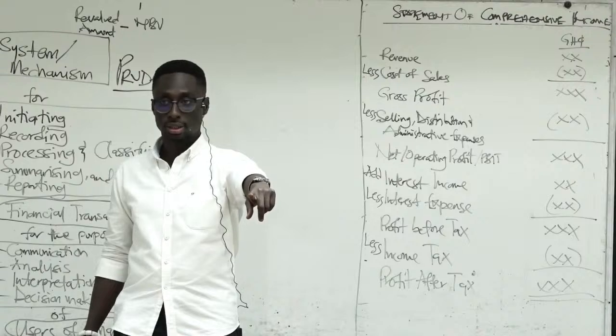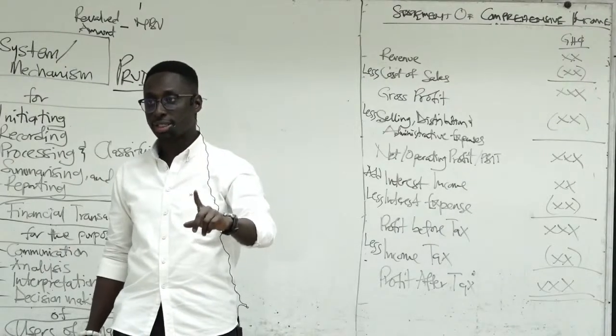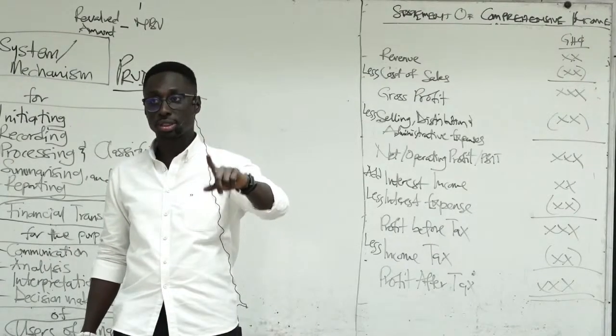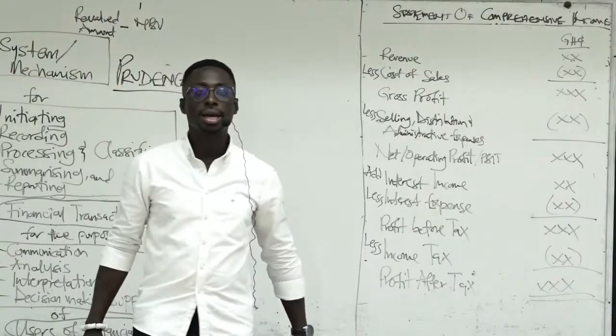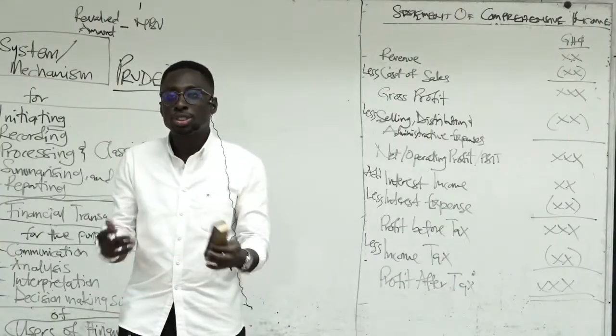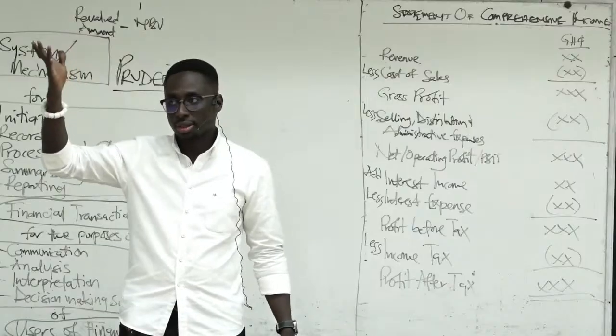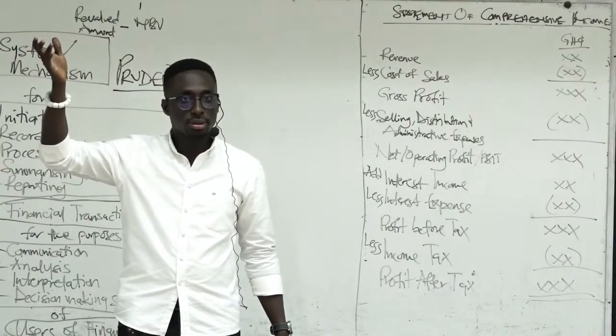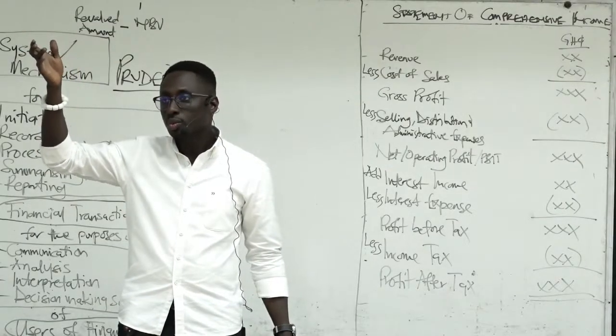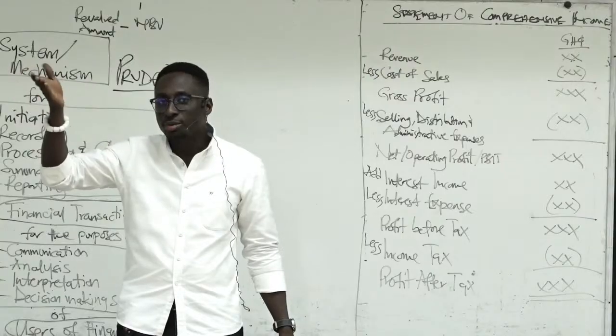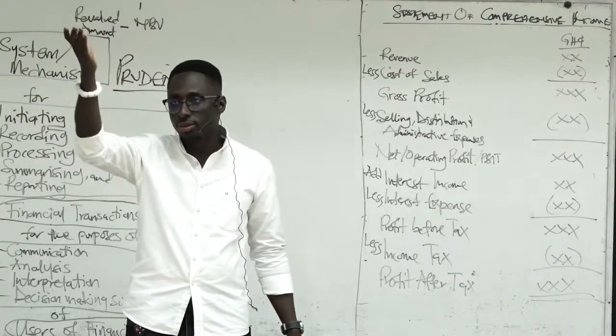All right? The direct expenses in respect of making what? A sale. And typically, what will be those kinds of expenses? Think about it. You're a trading company. What will be some of the typical expenses in respect of directly making a sale?